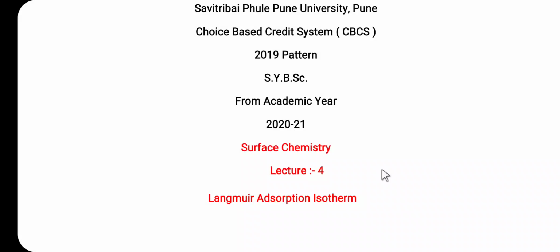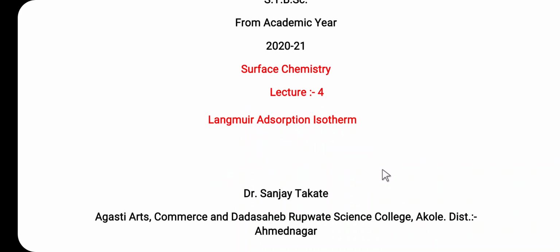In today's lecture, we are going to discuss the Langmuir adsorption isotherm. It gives the relation between the amount of gas adsorbed per gram of the adsorbent and the pressure of the gas at constant temperature.